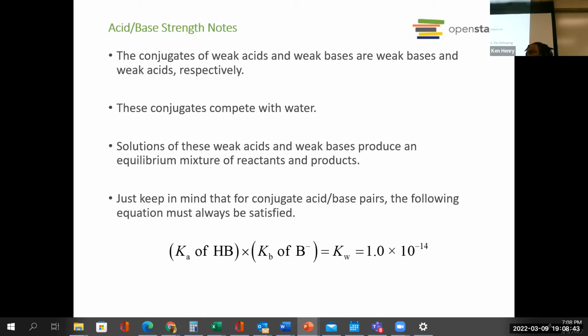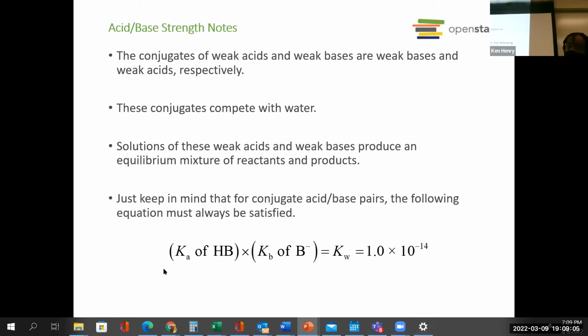Okay, so let's start talking about acid-base reactions. So this equation here, Ka times Kb is going to equal Kw. Keep in mind, this is dealing with conjugate base pairs, right?